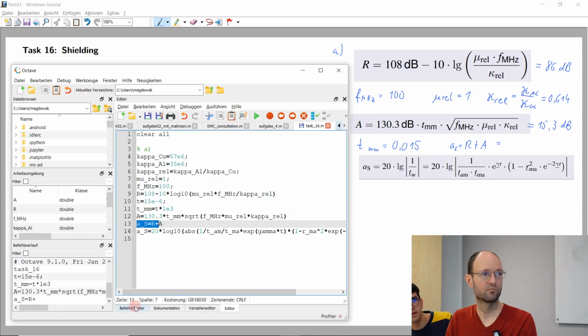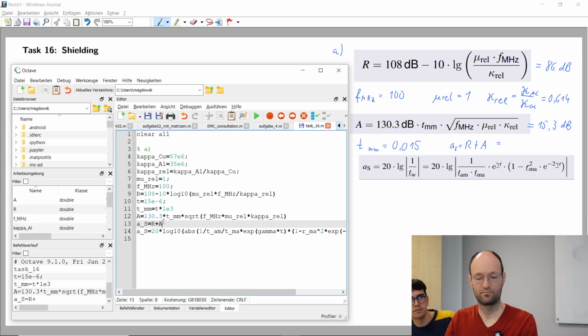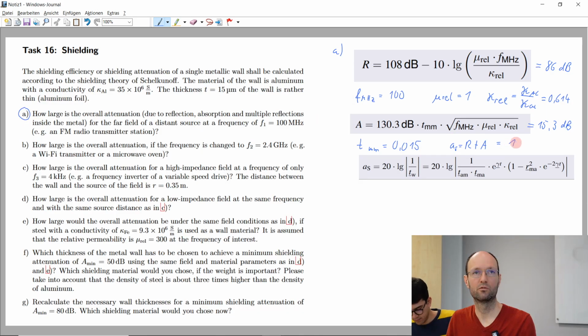I forgot to take the A here. F9. So 101.2 decibels. And this is the same thing that we should also get if we take the more exact formula here.